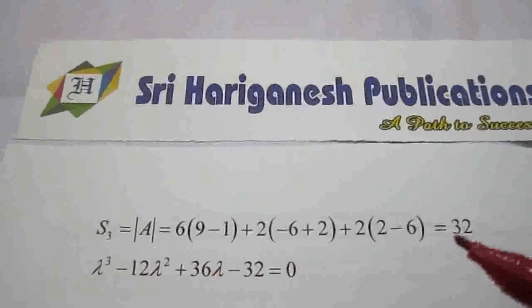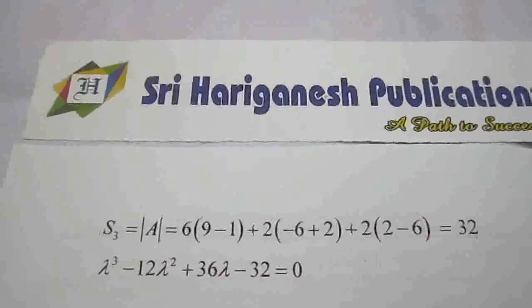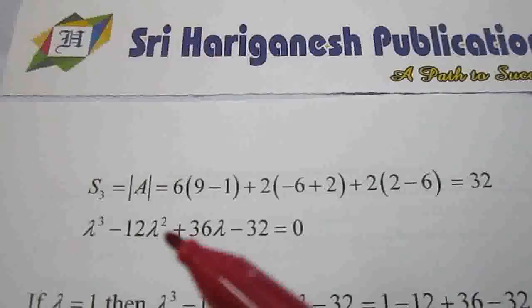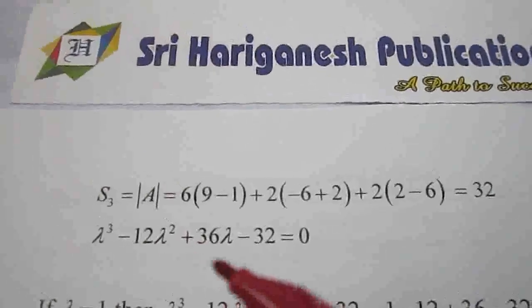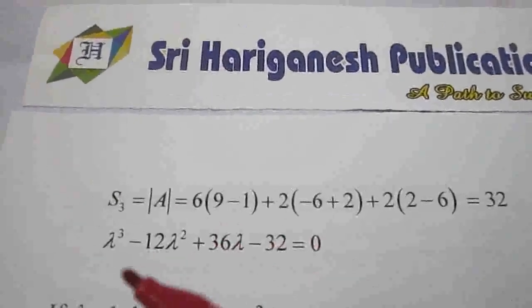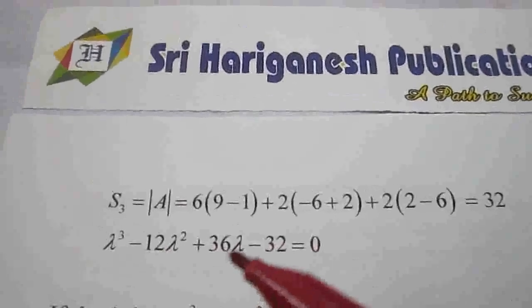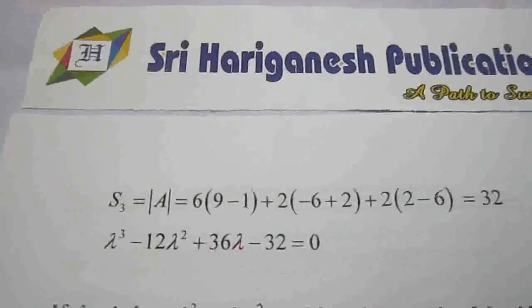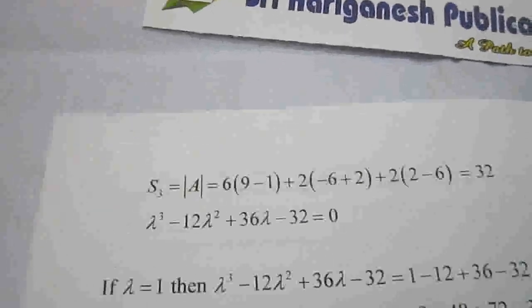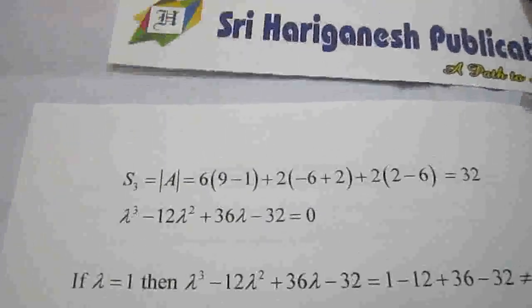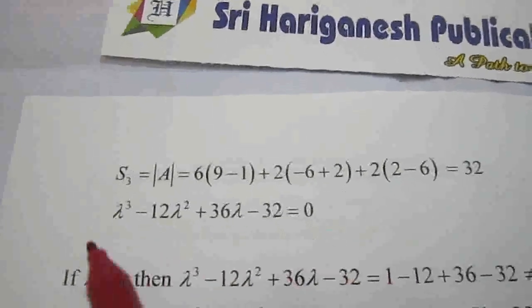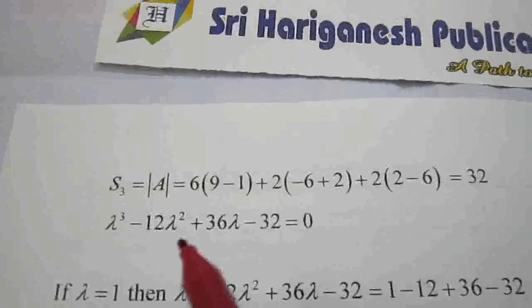Now substitute these s1, s2, s3 values in the characteristic equation λ³ − s1λ² + s2λ − s3. s1 is 12, so −12. s2 is 36, so minus 36 means minus of minus, so s2 is only 36. And s3 is 32, so minus 32 equals 0. So this is our characteristic equation.